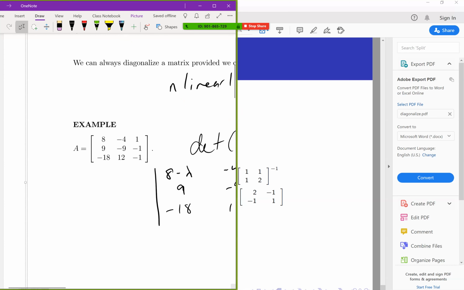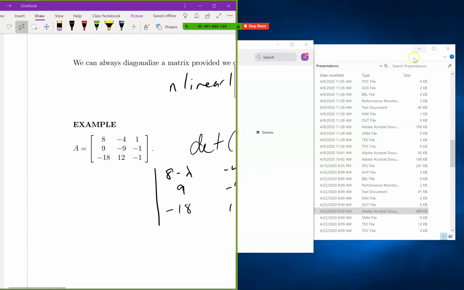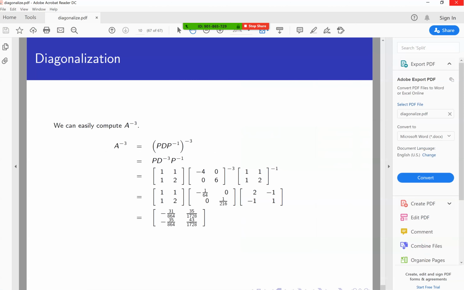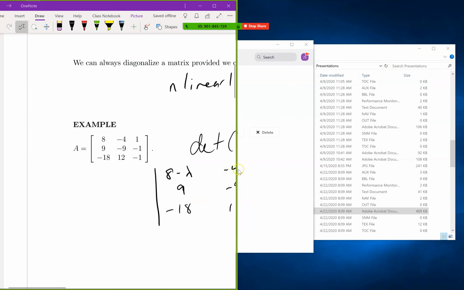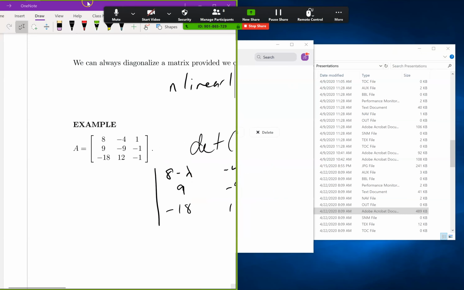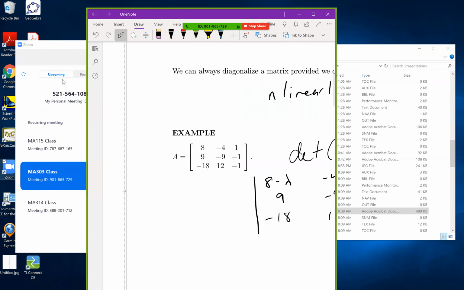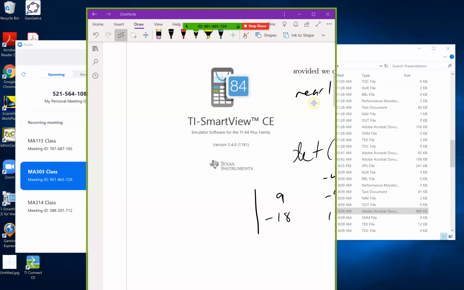I need to pull the calculator up, which I should have done before we started. It's all right. I'll get there. Maybe I'll get there.